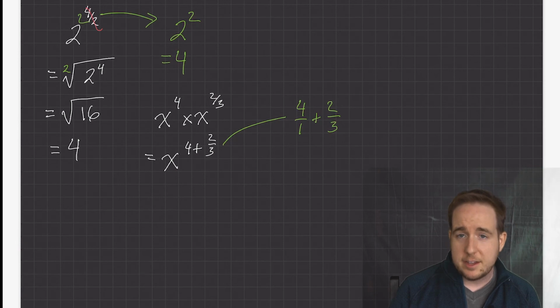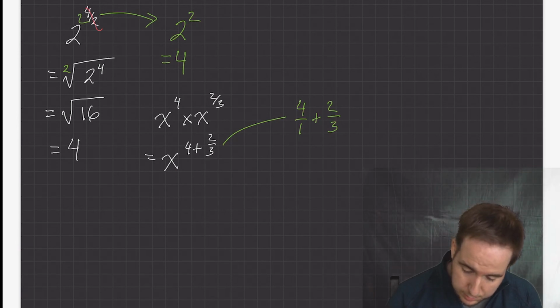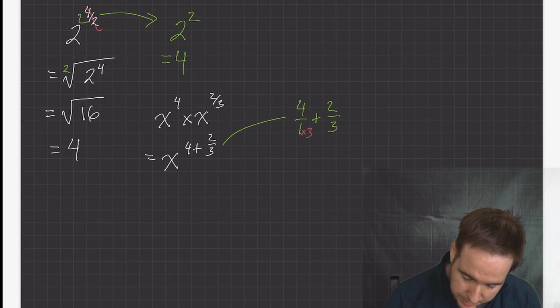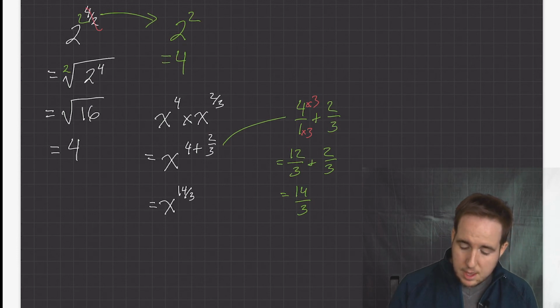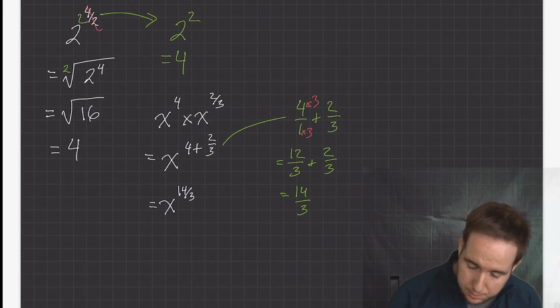And if you have a calculator that can handle fractions and you just want to do fractions with your calculator, that's fine. So I would have to do times 3 times 3. This is 12 over 3 plus 2 over 3, which is 14 over 3. So this is x to the 14 over 3. And that's that.